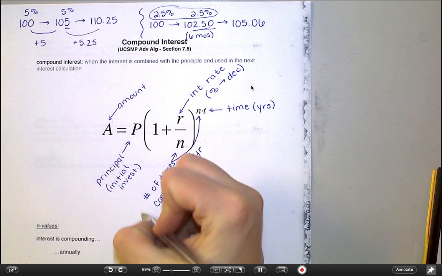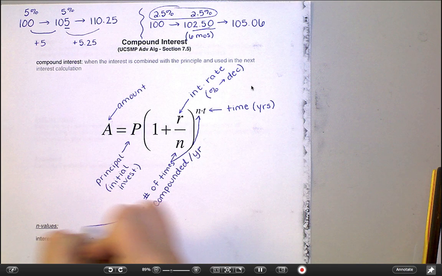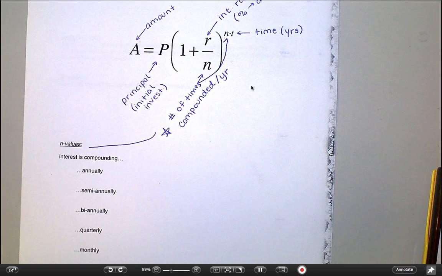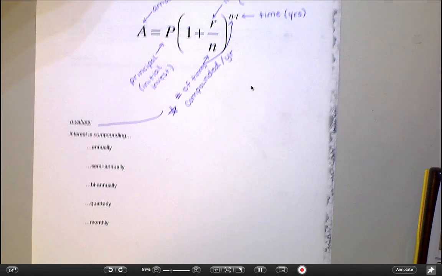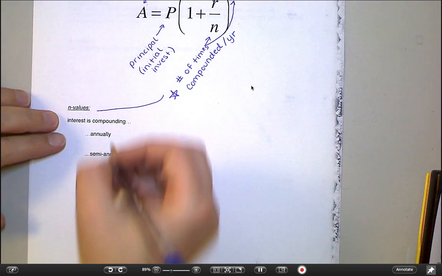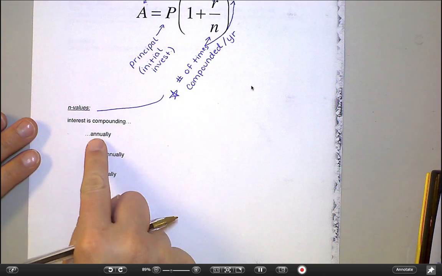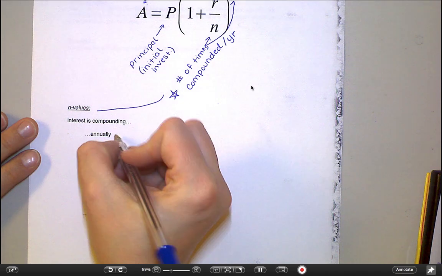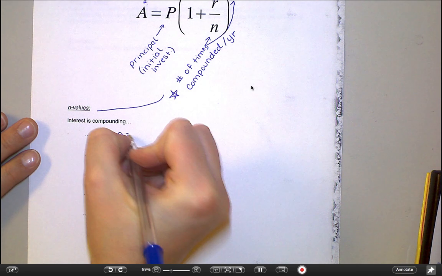Let's talk about these N values for a minute, because that's what we have down here. This is going to show up as a word in your problems. It's not going to be given to you as a number. So when I say interest is compounding annually, annually means once per year, so your N value would equal 1.